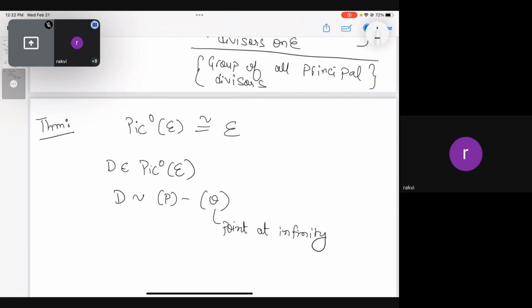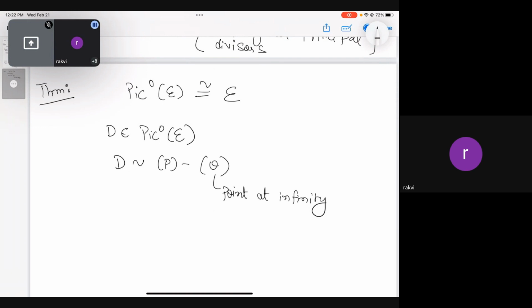So if I start with a D, I can find a point P such that D is equivalent to this divisor.